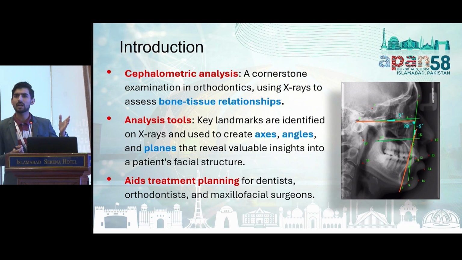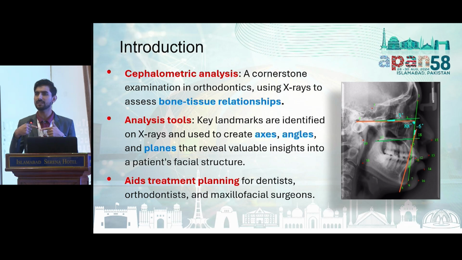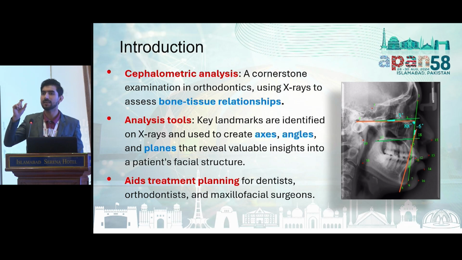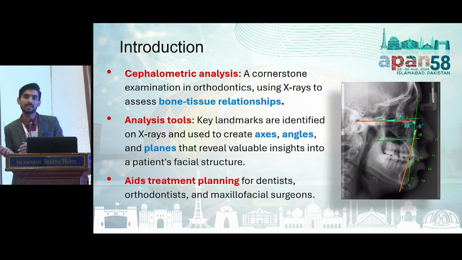Once the landmarks are identified, they connect those landmarks, and the lines joining them intersect at some point and make angles. The value of those angles represents how much the upper jaw or the lower jaw is out of the normal location. Based on that, they plan their surgery.